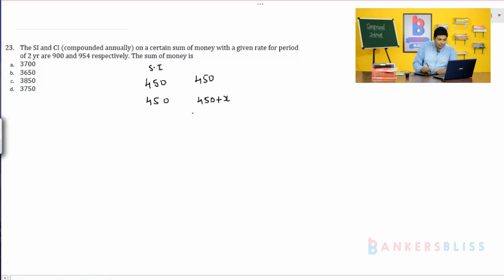So altogether 900 plus the extra amount, which is equal to 954. So the extra amount is equal to 954 minus 900, which is equal to 54. So for this 450 you are getting 54 rupees interest.